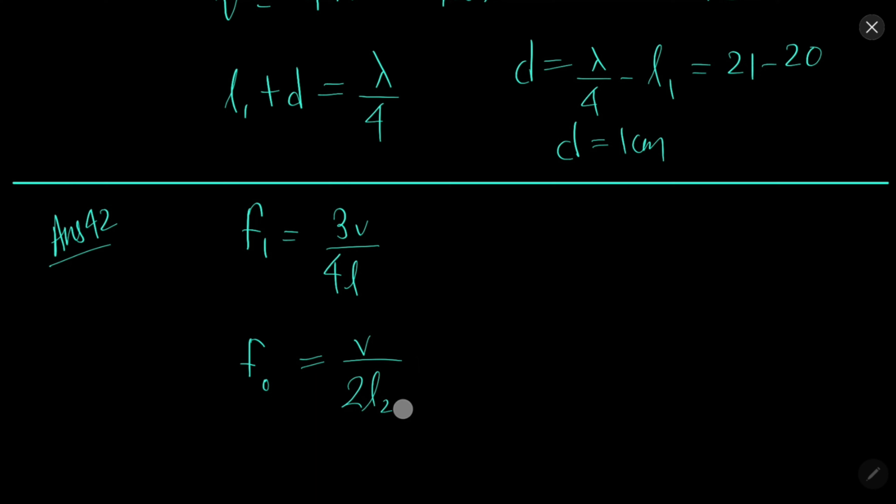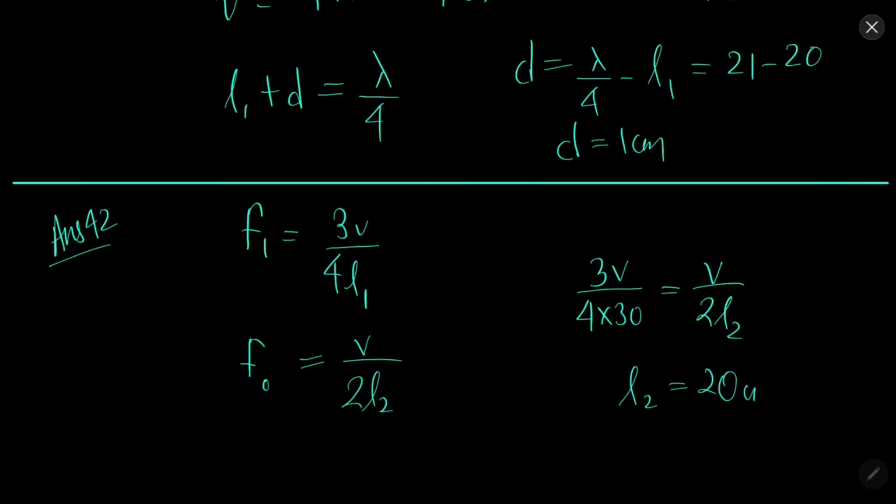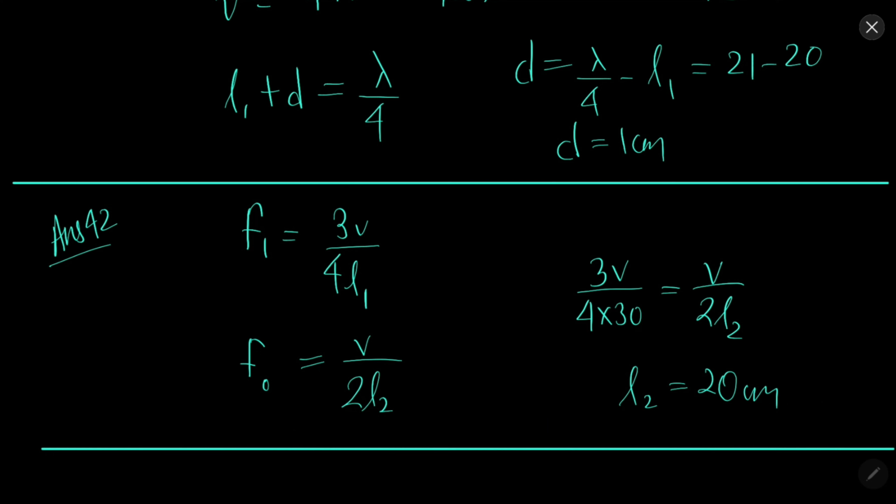So from this, we obtain 3V over 4 into 30 equal to V over 2L2. So L2 will come out to be 20 centimeters. So the length of the pipe P2 will be 20 centimeters.